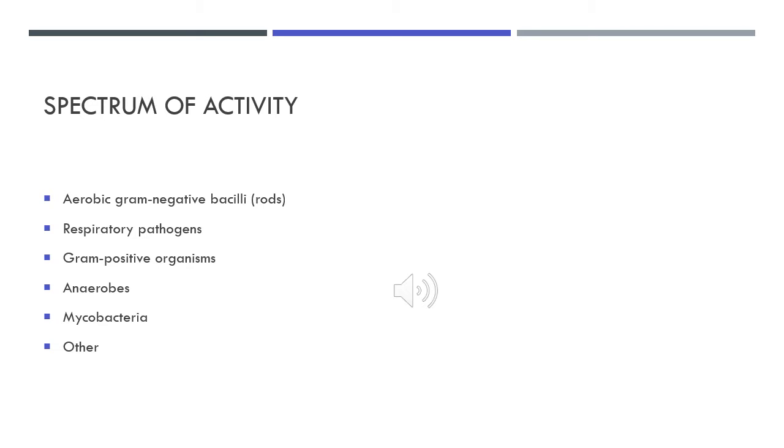So something that's not very common is things like tuberculosis, mycobacterial infections, anthrax. You can see fluoroquinolones being used against those types of organisms as well. In terms of mycobacteria, we are talking about Mycobacterium tuberculosis.